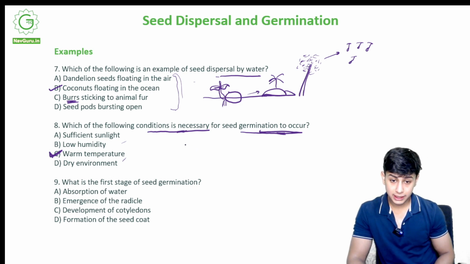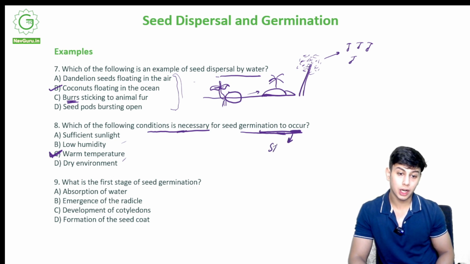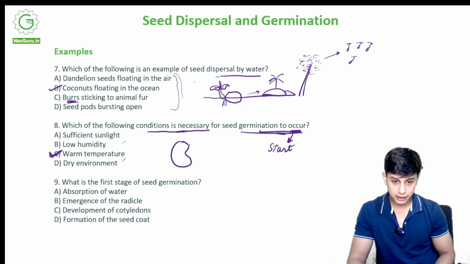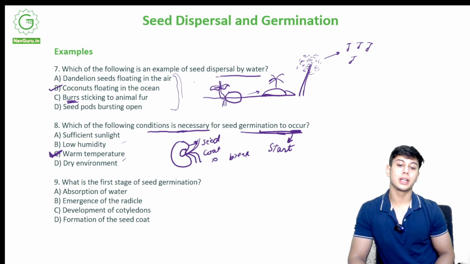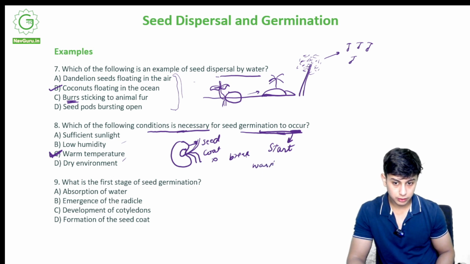But for the seed germination to occur, what does occur mean? To start. All right, so germination will start, and to start it needs that outer seed coating, the seed coat, to break, so that the embryo can grow and give out its shoot and give out its root. Now this seed coating will break due to warm temperature and moisture.